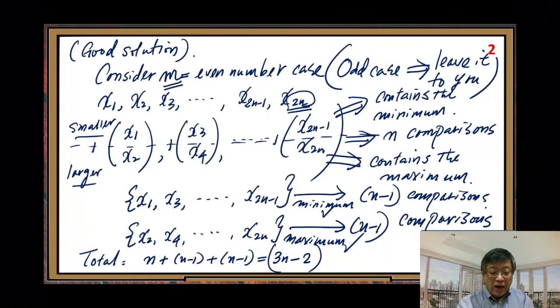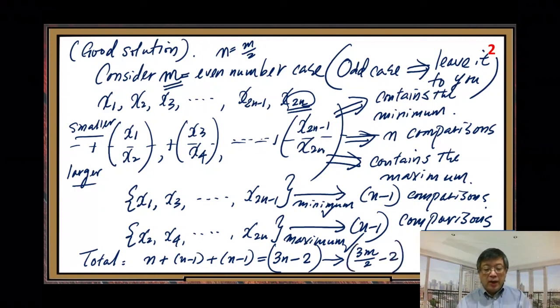Because after that, we know n equals m over 2. So then we can write it equals 3m over 2 minus 2. This time the total number of elements in the original array is m. So it is 3m over 2 minus 2, approximately 3/2 of the original problem size.